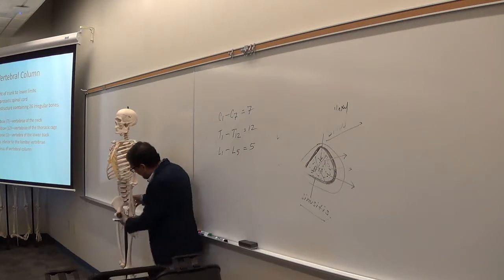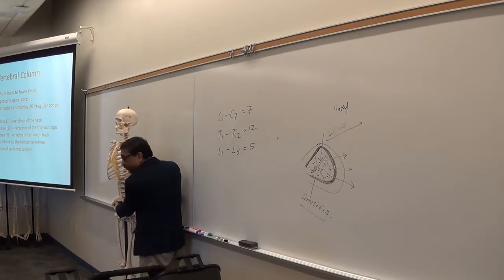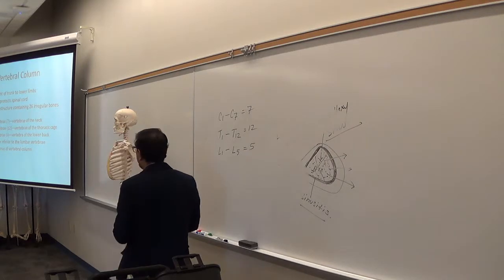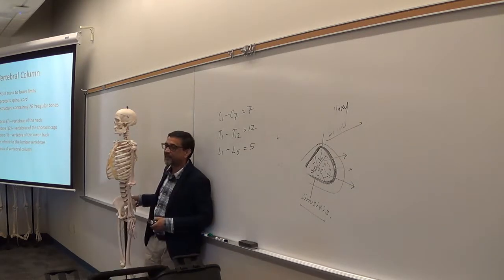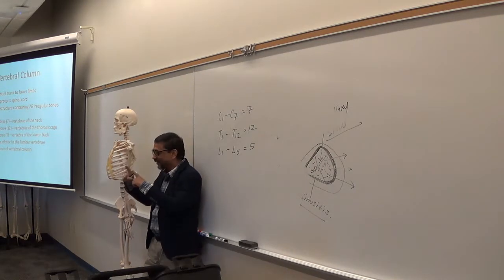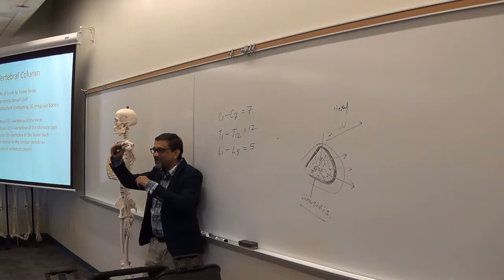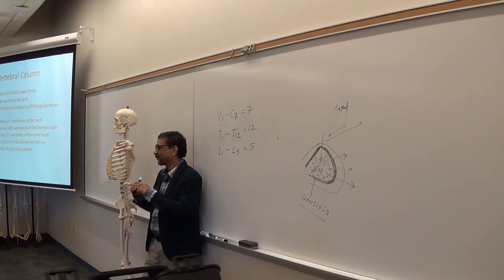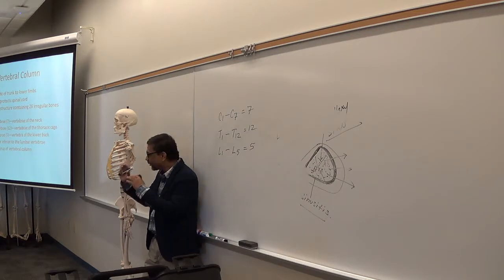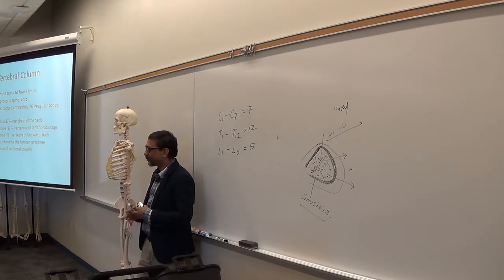A triangular bone here. That is called what? Sacrum. Right? So sacrum is one. Actually, in infants, sacrum is not one piece. 5 pieces of sacral vertebrae are separated.